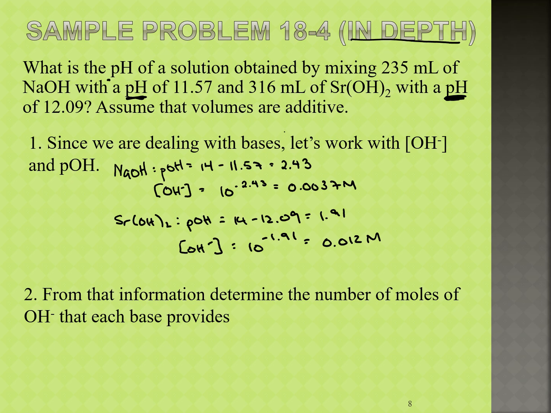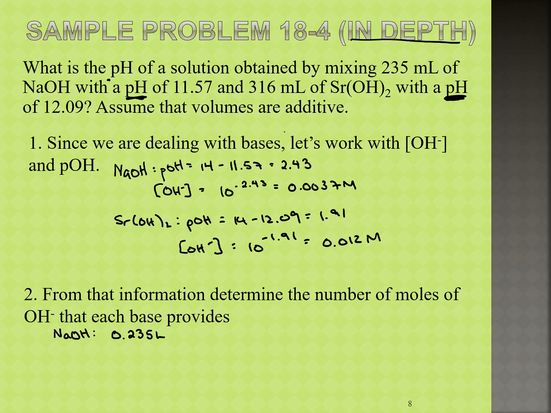Now from that information, we want to determine the number of moles of OH that each one of our bases provides. Let's do this now for NaOH, starting with that one. We've got our 235 milliliters, which is 0.235 liters. Hopefully we're really good at that conversion, because we're going to go from liters to milliliters or vice versa a lot.